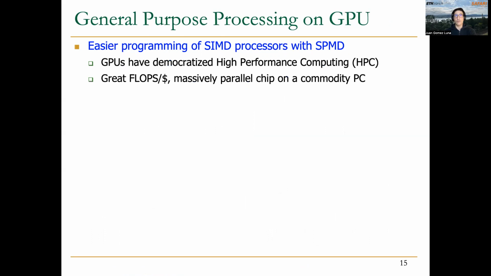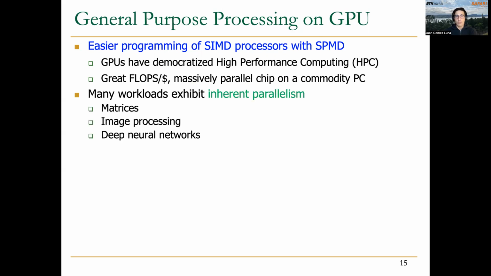The rise of general purpose programming for GPUs was more than 1 decade ago, and in some sense it represented the democratization of high performance computing, because for relatively low cost, anyone could have on their commodity PC a powerful GPU with very high throughput of floating point operations per second.